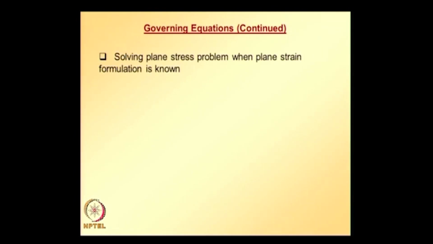So, to solve a plane stress problem when the plane strain formulation is known, you apply this small trick: wherever E is there, replace Young's modulus E with E times, in square brackets, 1 minus nu over 1 plus nu squared. Similarly, Poisson's ratio nu needs to be replaced by nu divided by 1 plus nu.